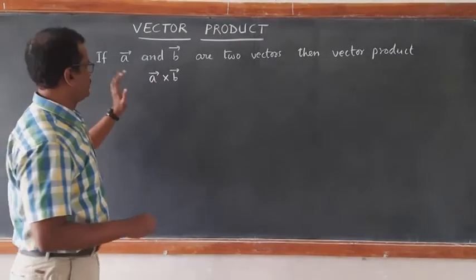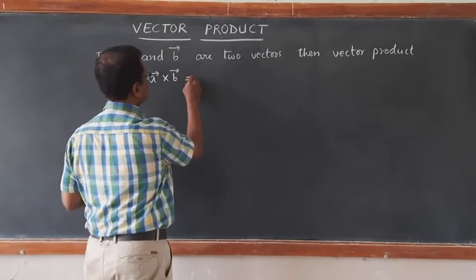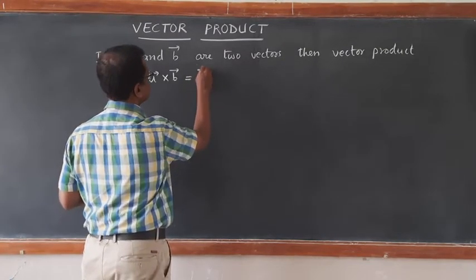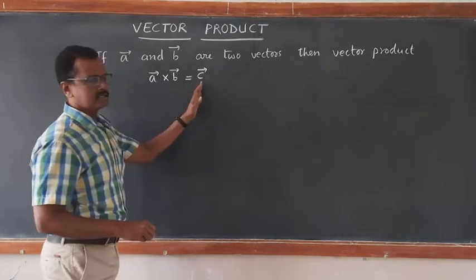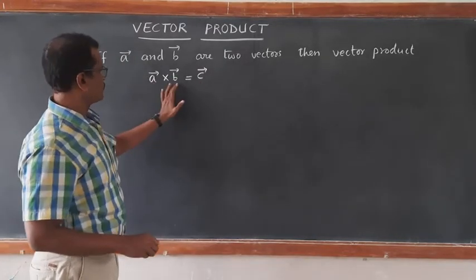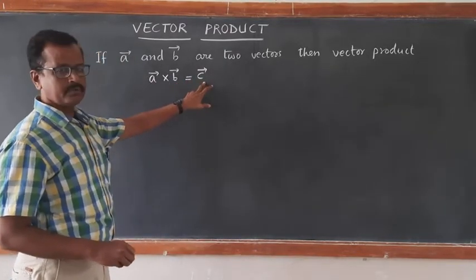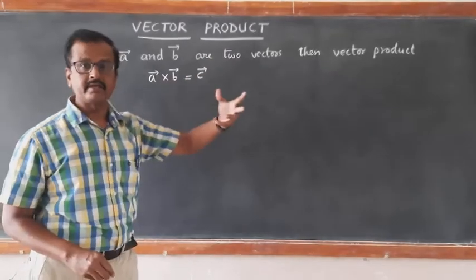Vector A cross B is equal to vector C, where C is the resulting vector. So the product of these two vectors gives rise to a result which is also another vector.